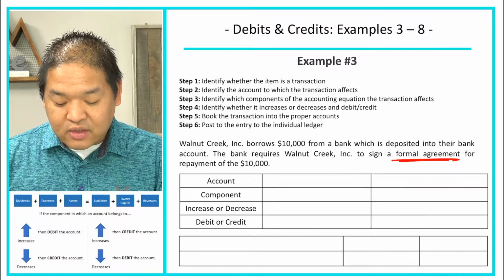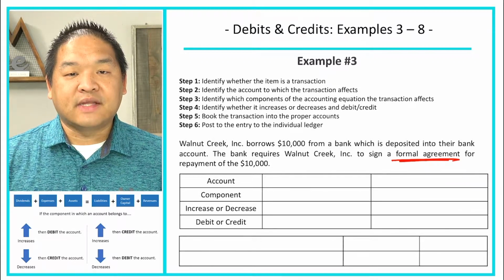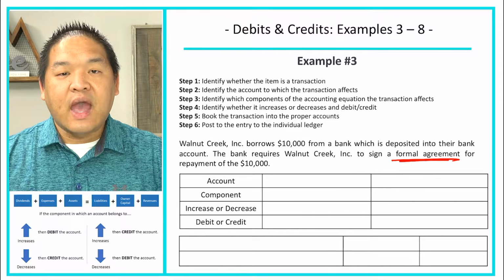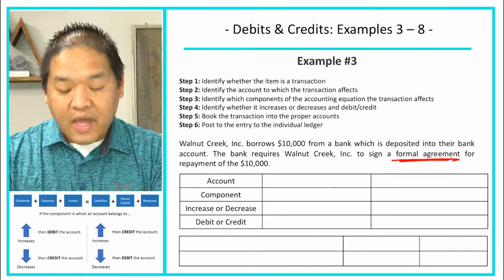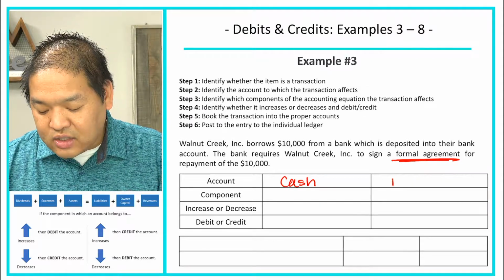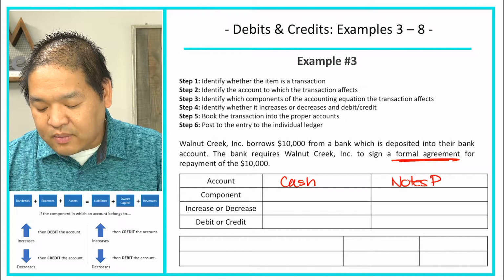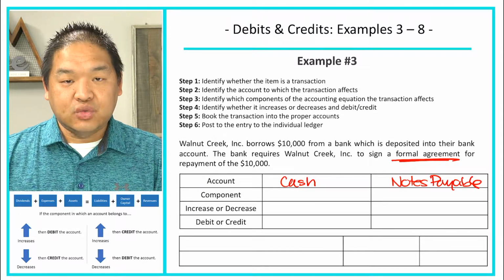All right, so let's take a look here at our 12 boxes. What accounts are going to be affected? So we are receiving cash, and then we are giving up a promise to pay in the form of a notes payable. So we're going to write here cash, and we are going to write notes payable. All right, so what components is each one of these items?